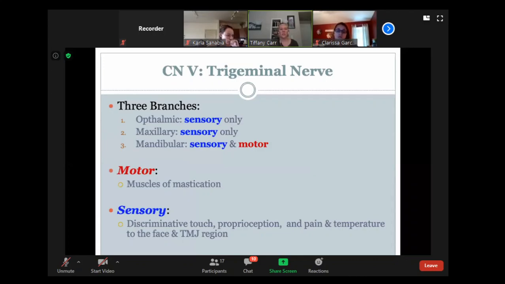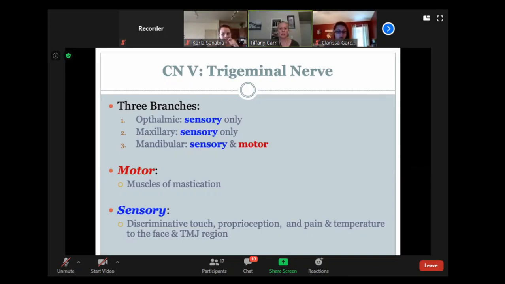All right. So we have the trigeminal nerve, which has the three branches, the ophthalmic, maxillary, and mandibular. So the first two are sensory only, and the mandibular is going to be sensory and motor.